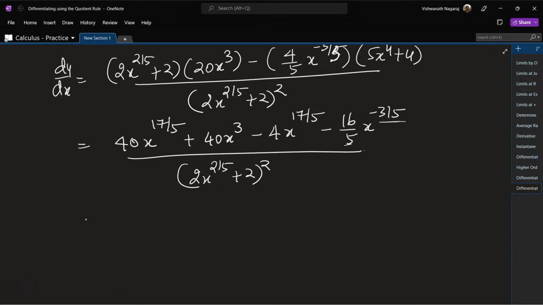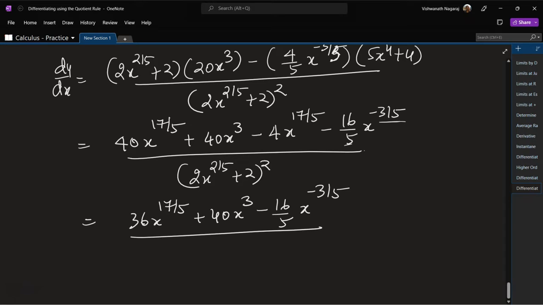Okay, so now these two are like terms. So 36x to the power of 17 by 5 plus 40x cube minus 16 by 5 x to the power of minus 3 by 5, divided by 2x to the power of 2 by 5 plus 2 whole square.